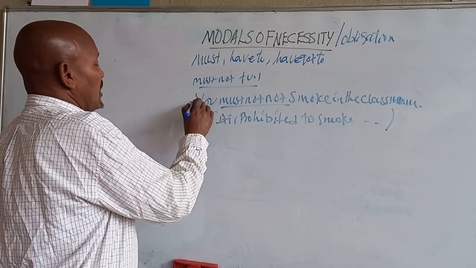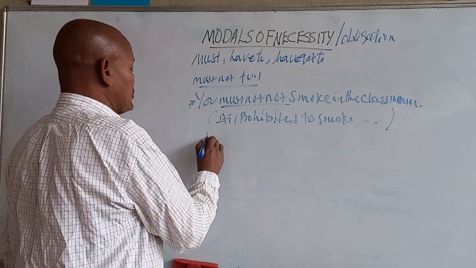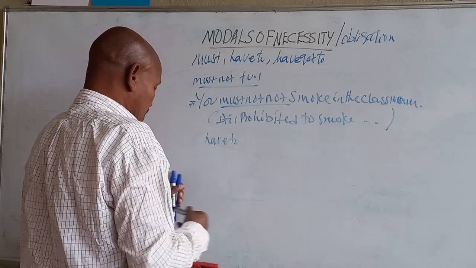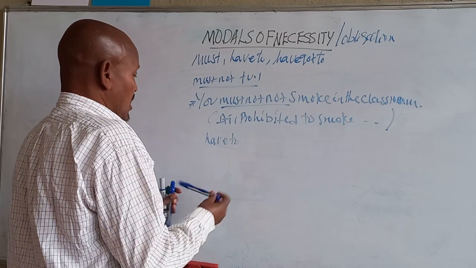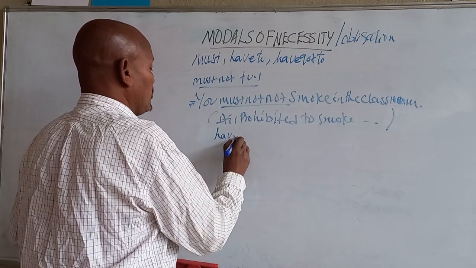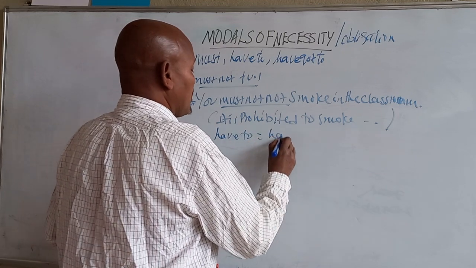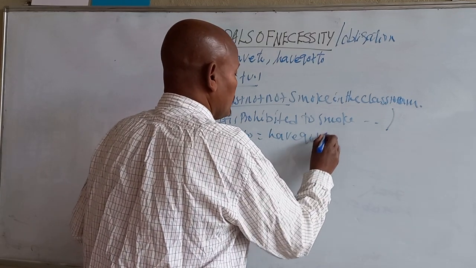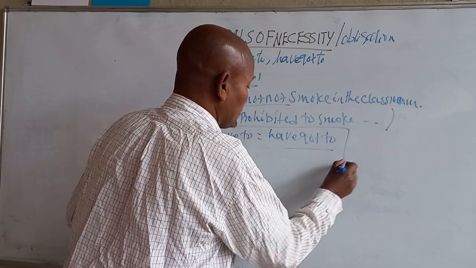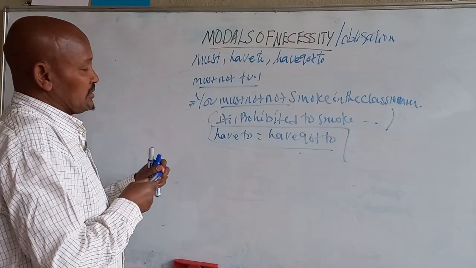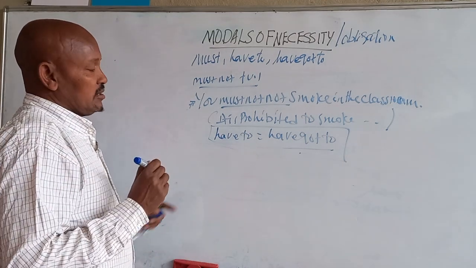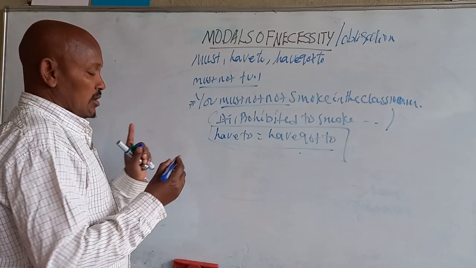And the other one is have to. This is have to, which has a similar meaning to have got to. Have to and have got to have the same meaning, all right?